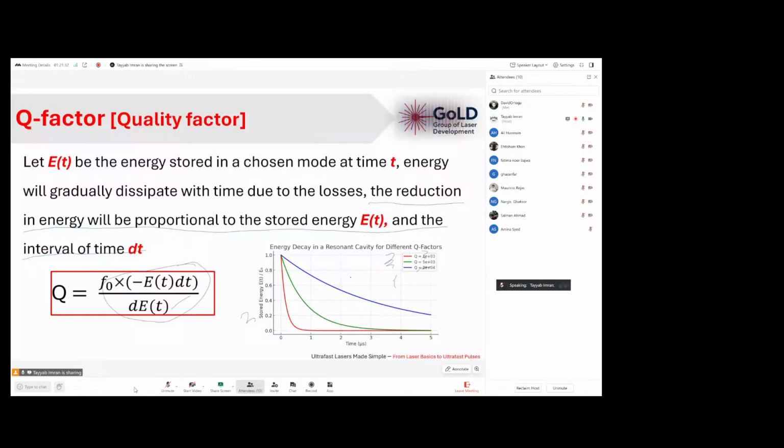On the right side, this is time versus stored energy. We have these different Q values; this curve shows the stored energy and the time of dissipation.